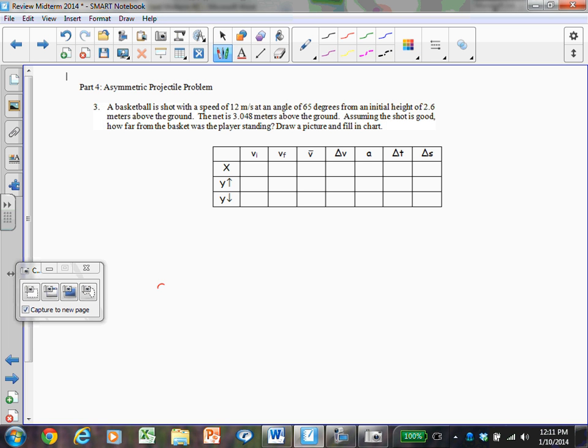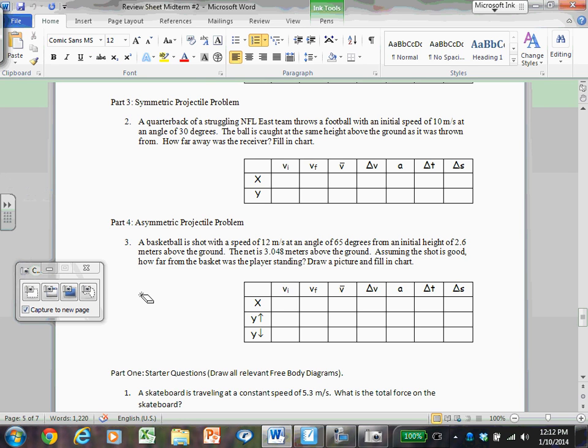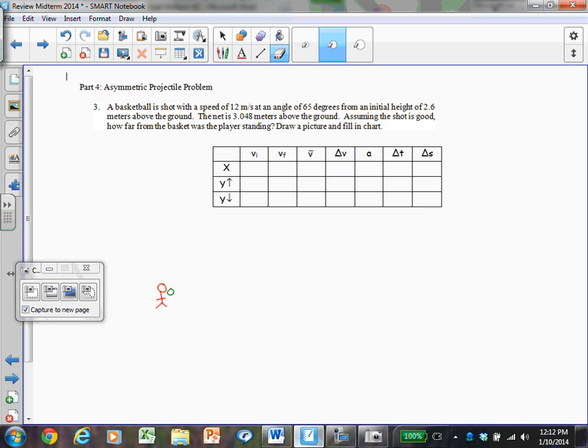Okay, picture, person. Let's make the person a little taller.